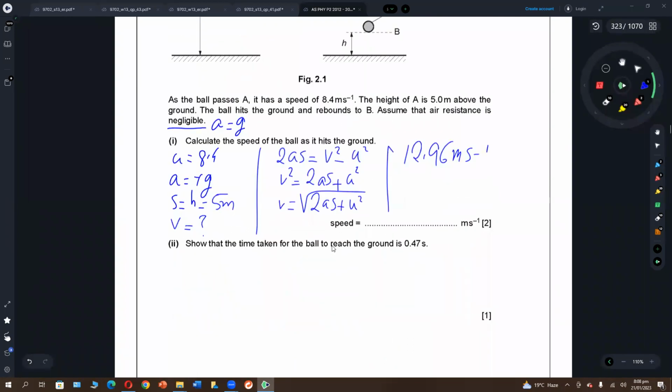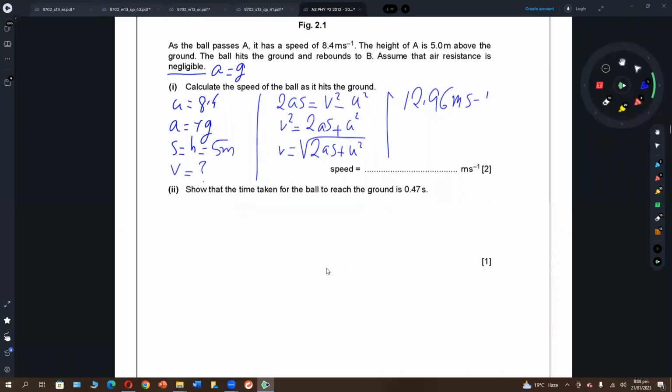Show that the time taken for the ball to reach the ground is 0.47. So this will be our formula. v is equal to u plus at, and t will be equal to (v minus u) upon a.